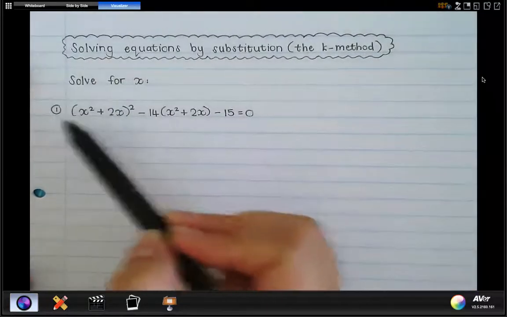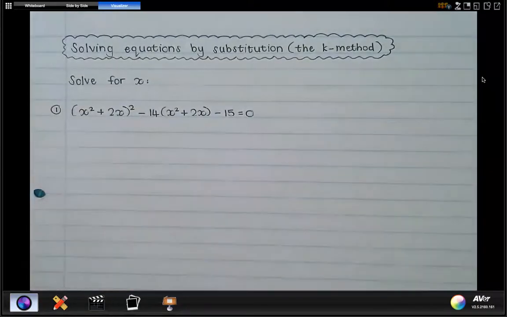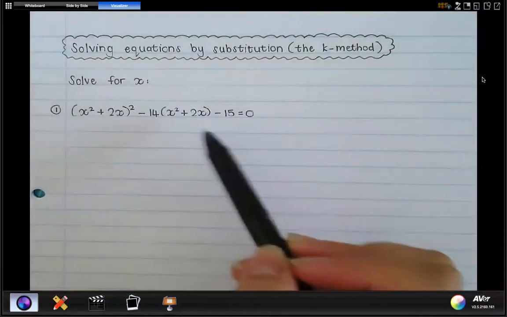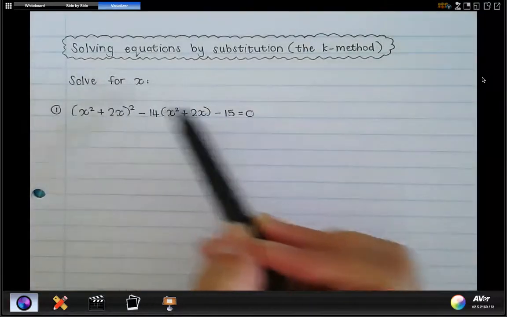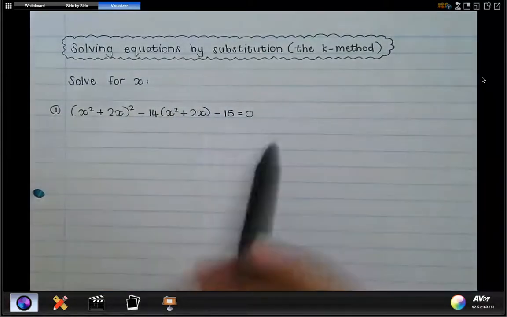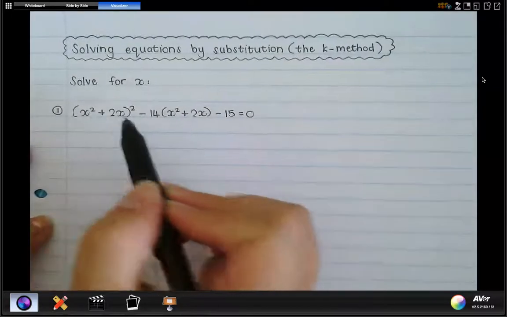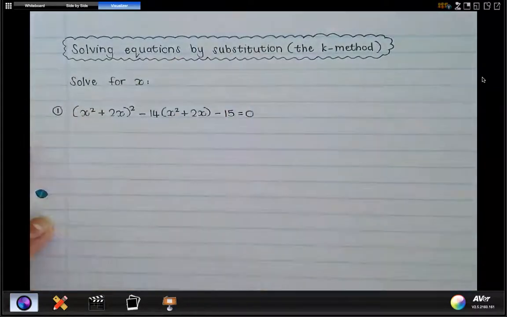We have a very complicated equation. If you're looking at this equation, you can see that you have bracket squared, you have minus 14 times that same bracket. I hope that we can notice that we have the same bracket, and then minus 15 equal to 0. Now, let's just try and solve the equation as we would normally.